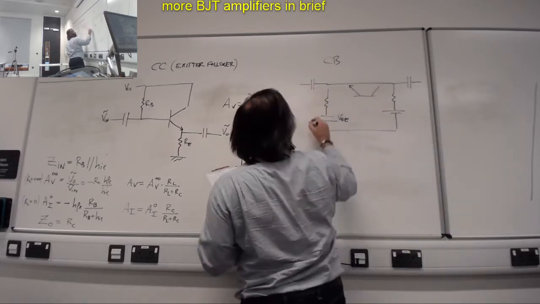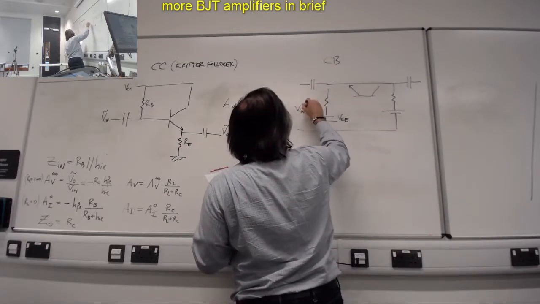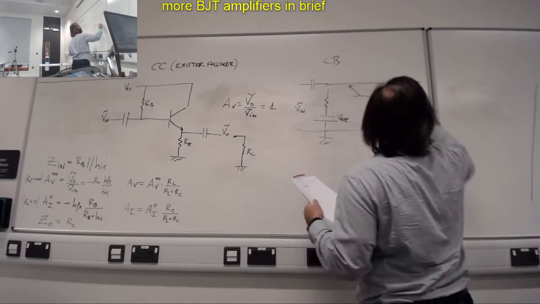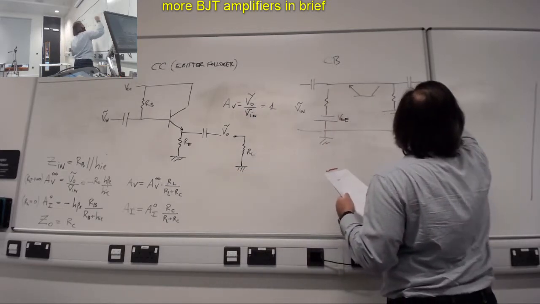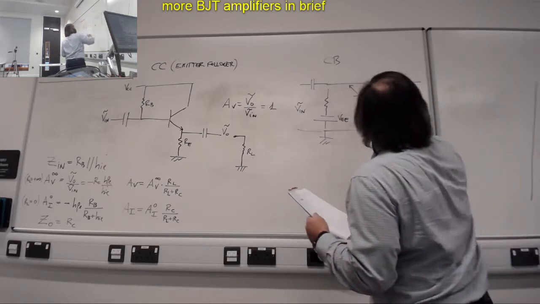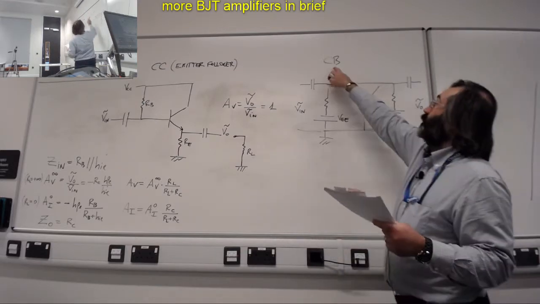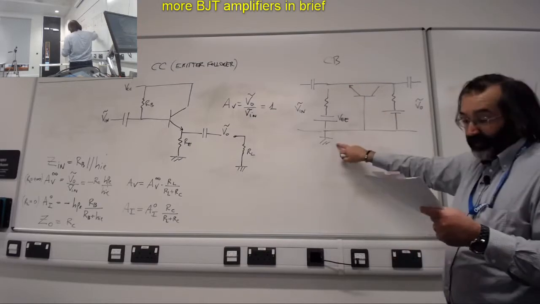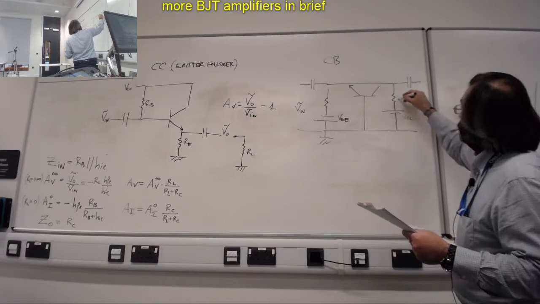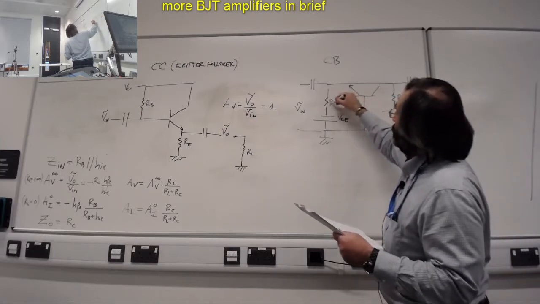So this is V in, and this is V out. Oh, and this is, so we understand why it's called common base. The base is to ground even in DC. This is VCC, sorry, this is RC and RE.